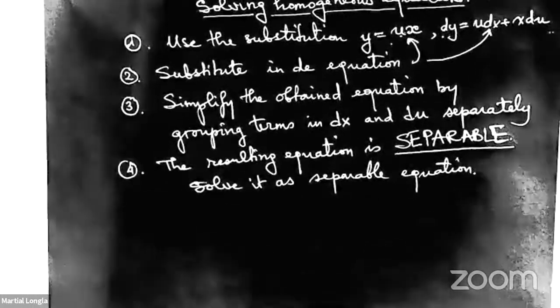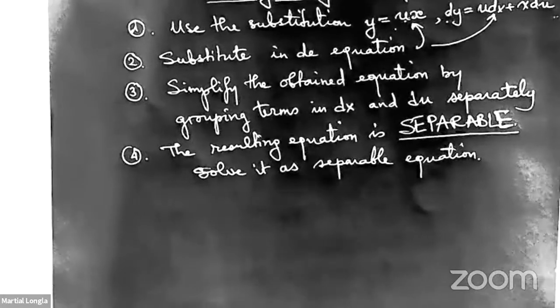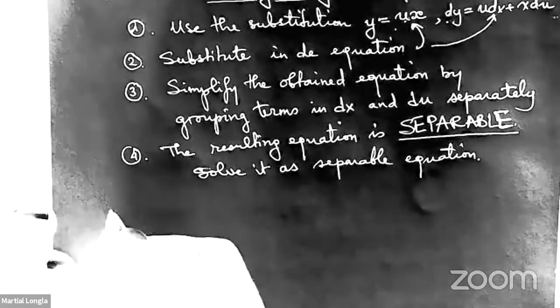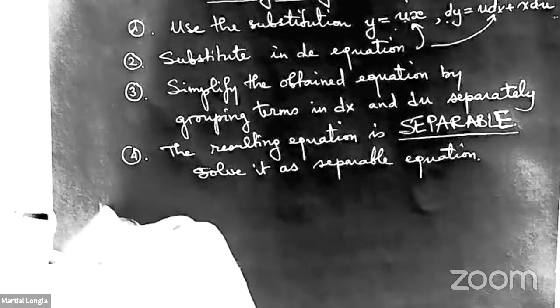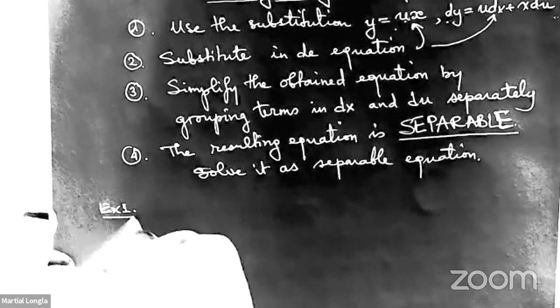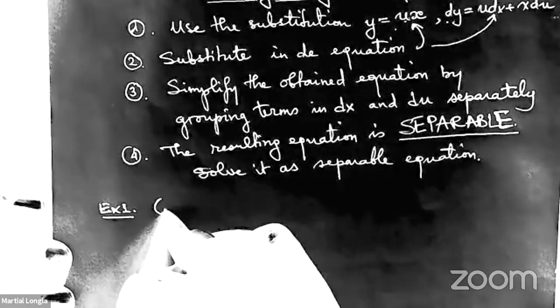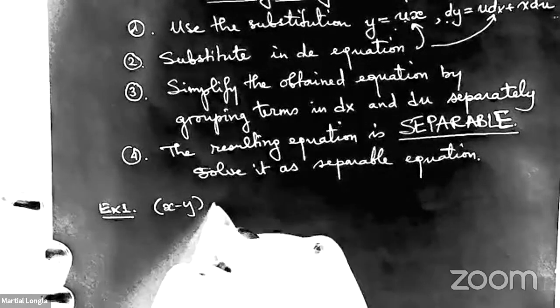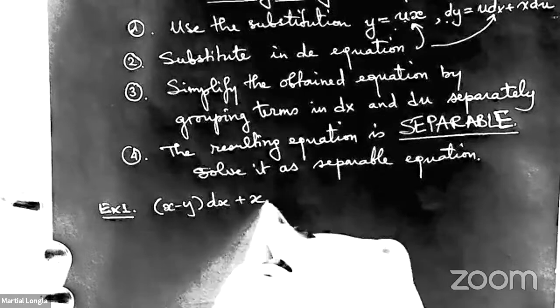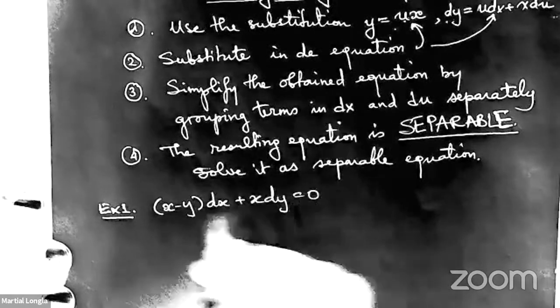Now, let's say example 1. The problem that we had on top of this page, (x - y) dx + x dy = 0.